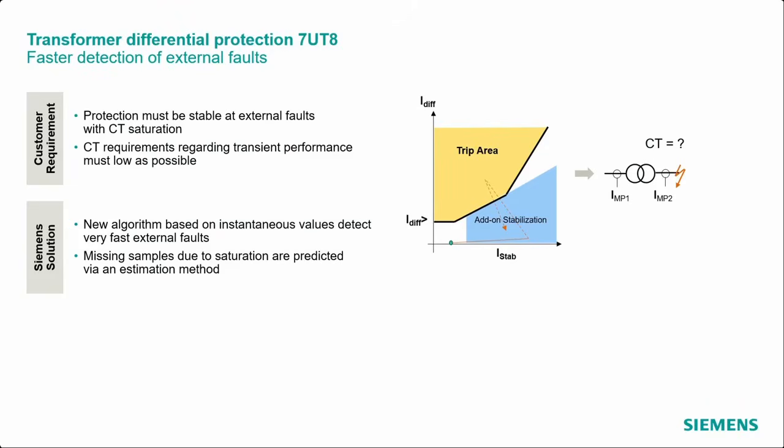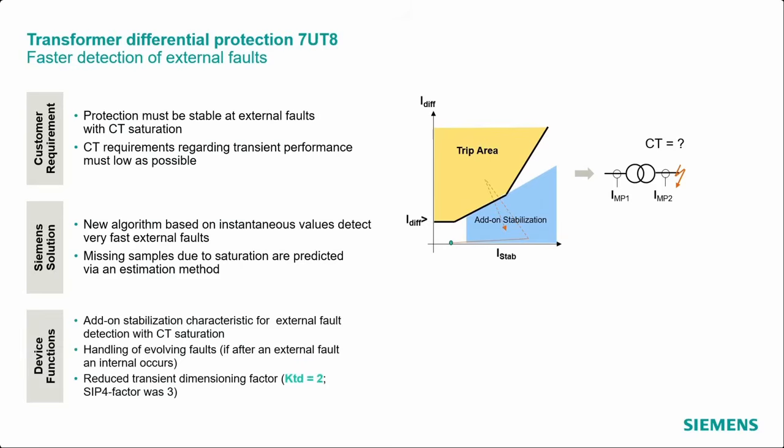That means the operation point is reaching this add-on stabilization area, or what we call external failure detection, earlier. If we reach that area earlier, then we can temporarily block the differential protection. And because we reach that algorithm earlier, we can also reduce the CT requirements. In the end, we reduce the transient dimensioning factor.